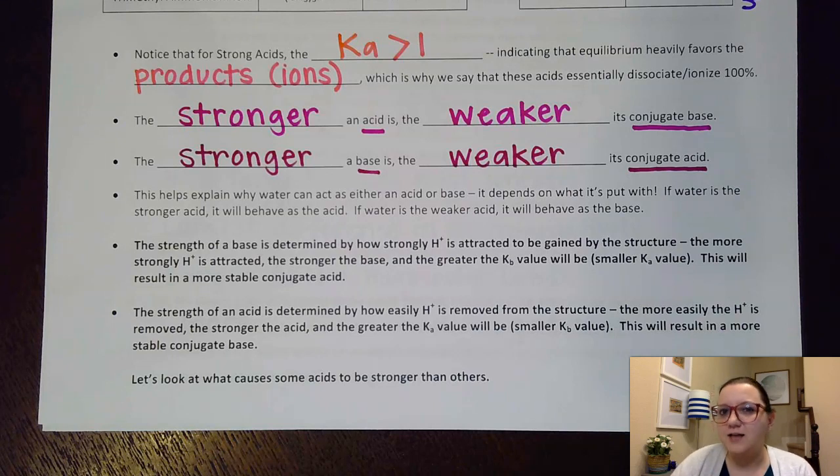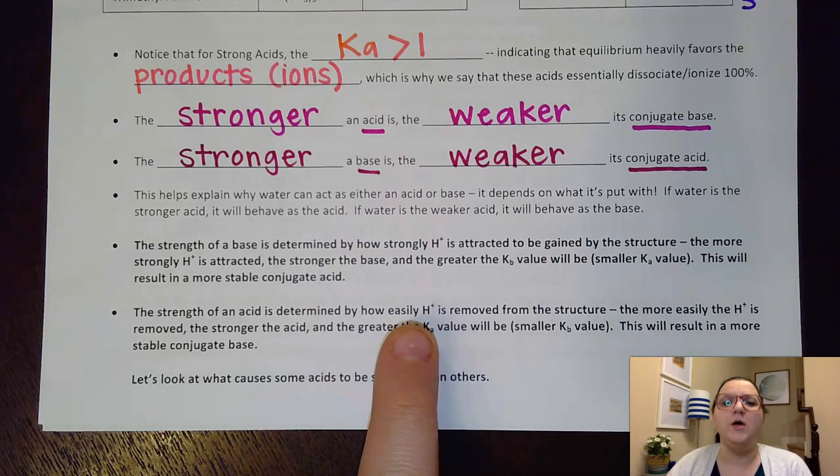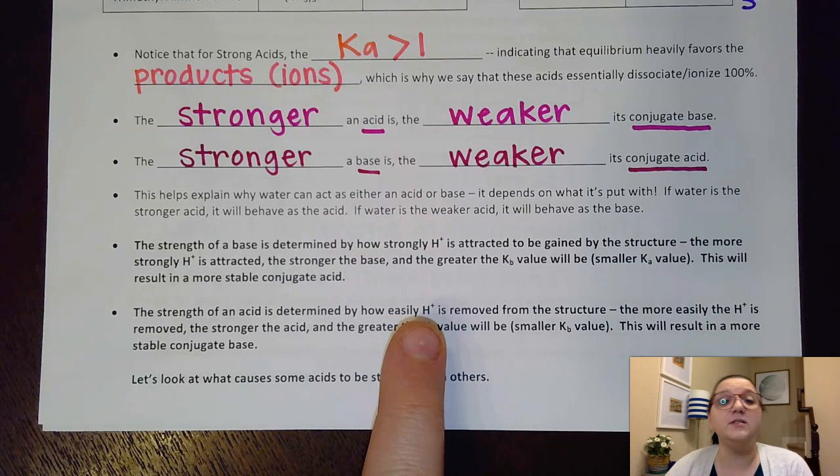However, the strength of an acid is a little more complicated. It is tied to how easily the hydrogen is removed, but there's a lot of reasons why hydrogen might be more easily removed from a structure than others. And so that's what we're going to talk about here in a little bit.